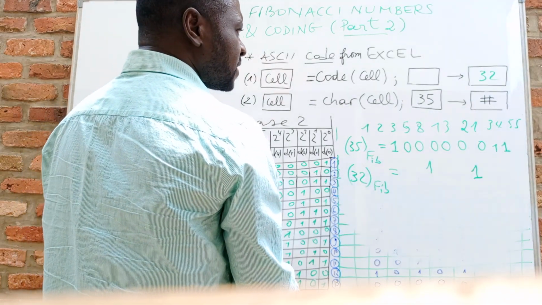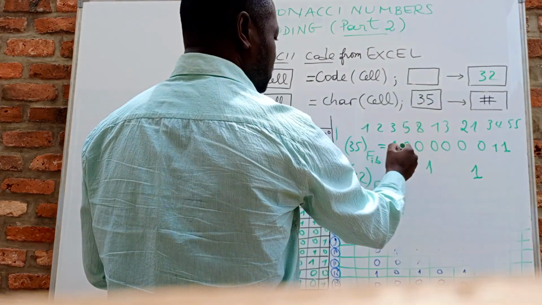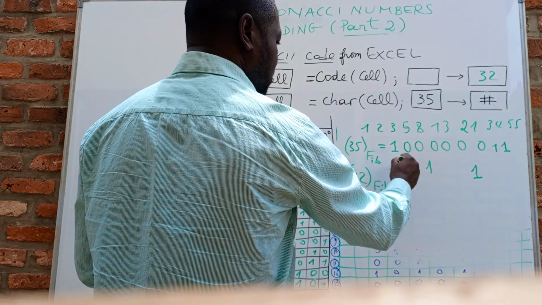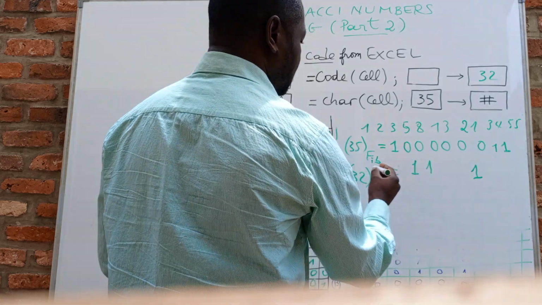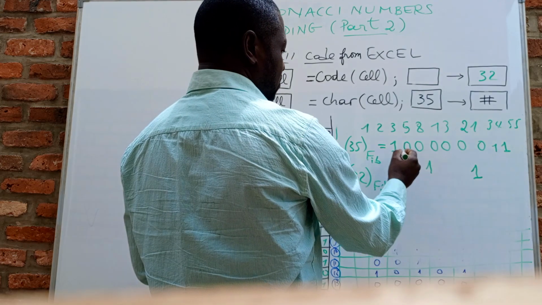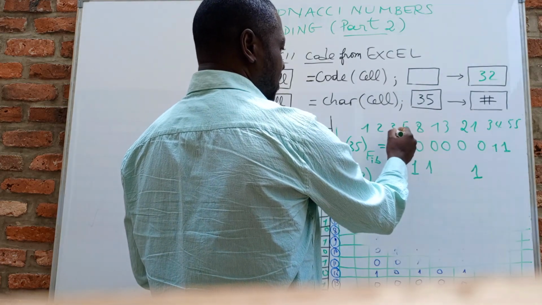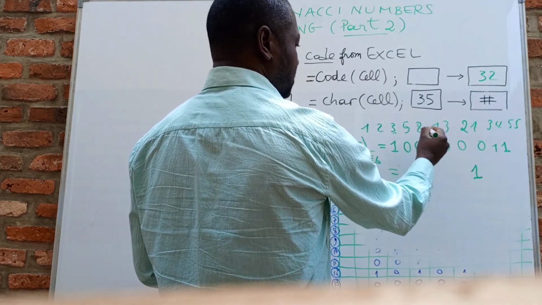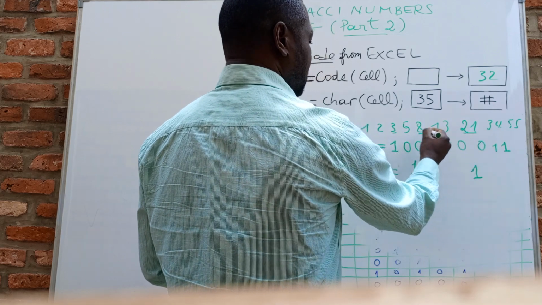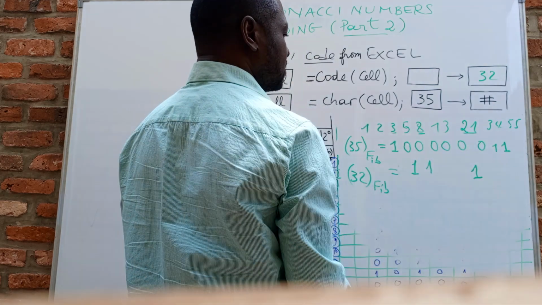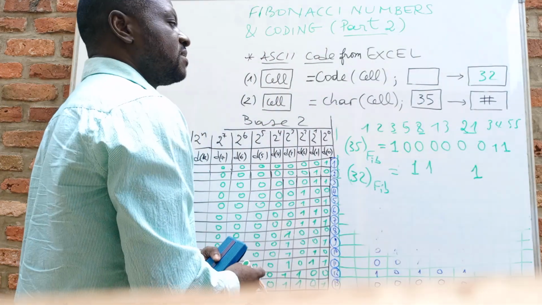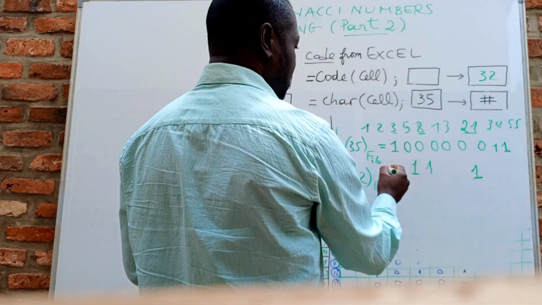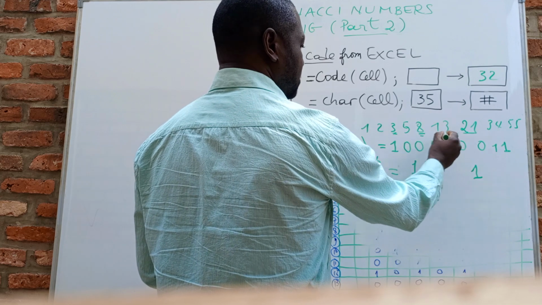29 out of 32, there is 3 left. So if you want 1 plus 21 plus 8, this makes 11, and 11 plus 21 is 32. So in that case, we have only these 3 numbers.